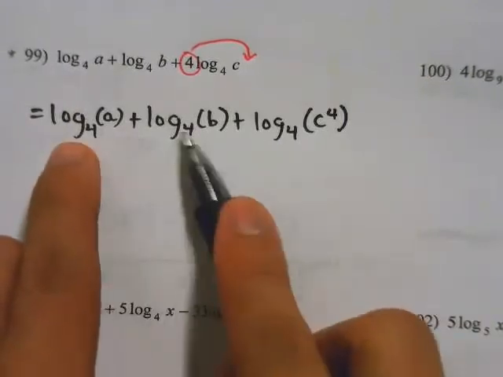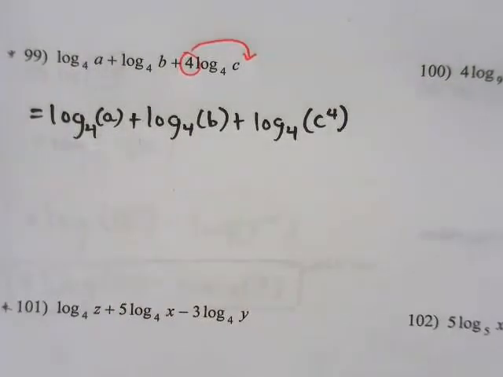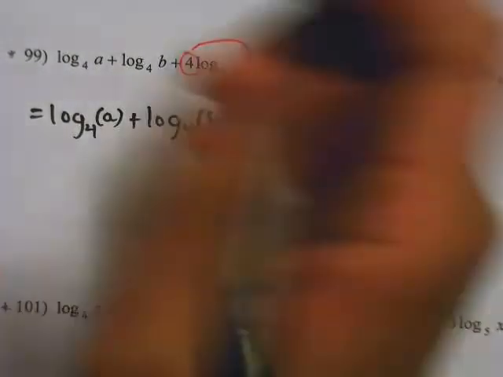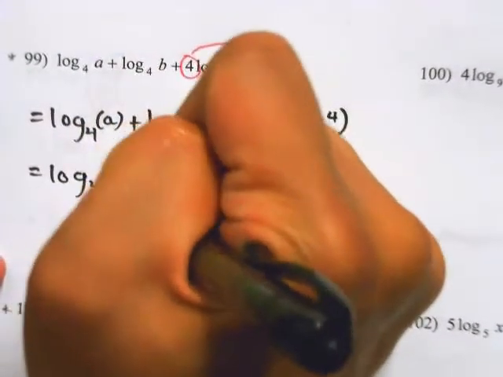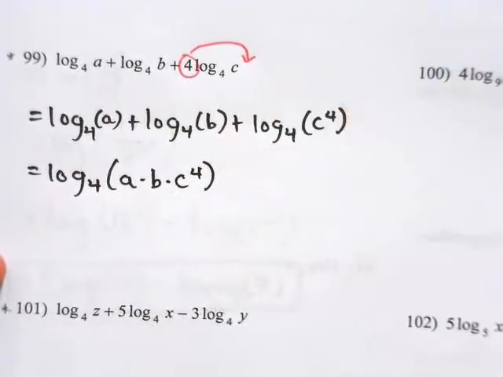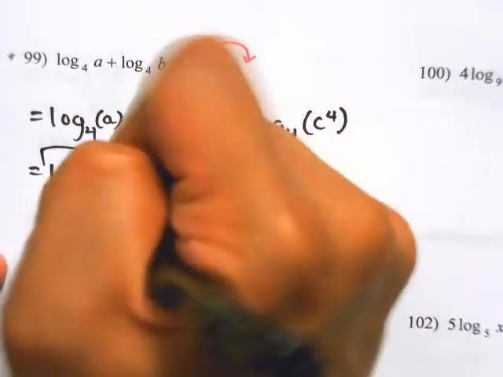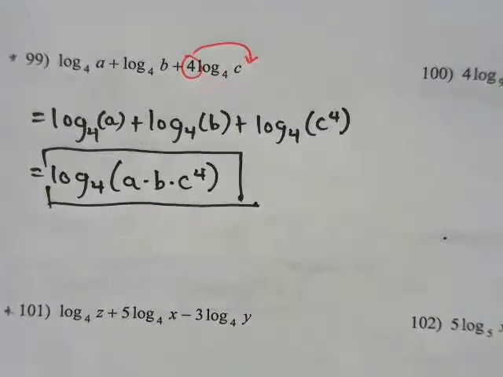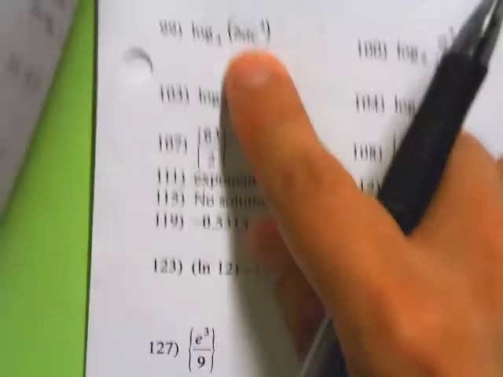Now that they all have the same base, the same logarithms, I think we can just condense it by multiplication. So it's going to be log base 4, a times b times c to the 4th power. That's really all we can do for number 99. Let's just check that. Sometimes I just want to check. I mean, they have it in a different order, but it's the same thing. Okay.